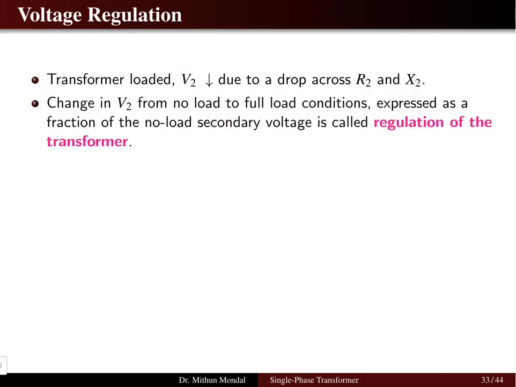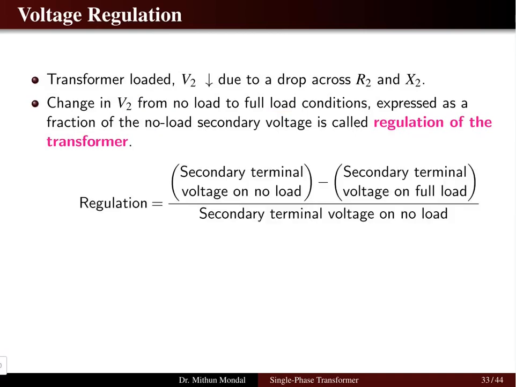So the change in the voltage of the secondary from no load to full load condition, expressed as a fraction of the no load secondary voltage, is called the regulation of the transformer. This can be represented in fraction format, where the voltage regulation is the difference of the secondary terminal voltage from no load to full load, with the base value taken as the no load value.